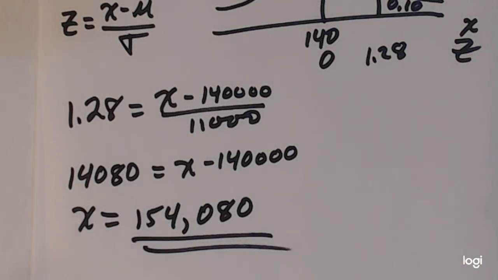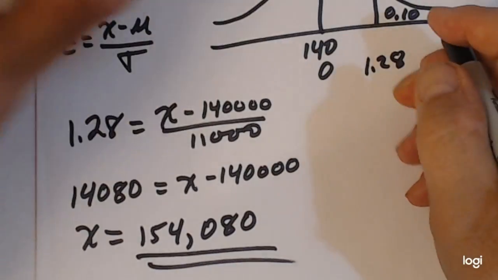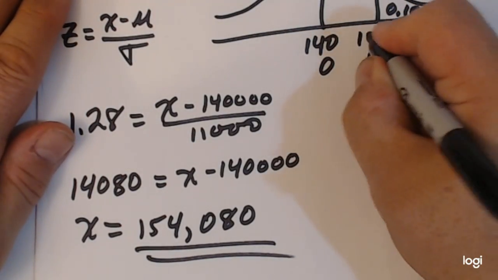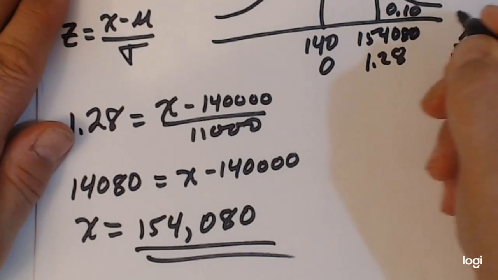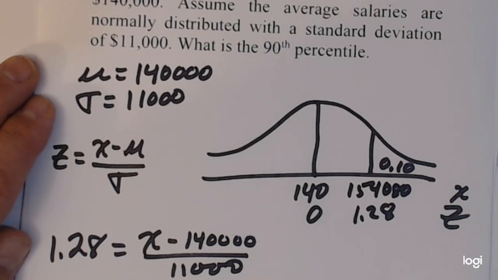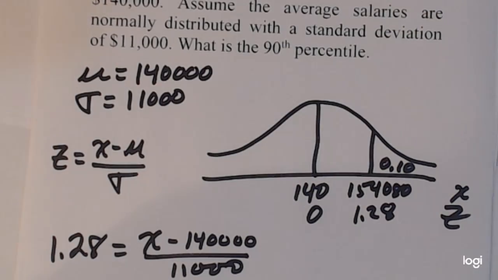So the 90th percentile, the cutoff, is $154,080. So 154,080 with a 1.28 Z value. And that's the 90th percentile.